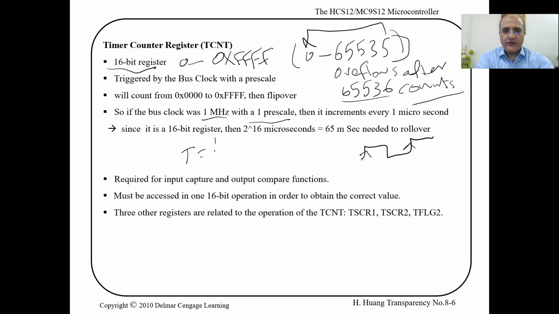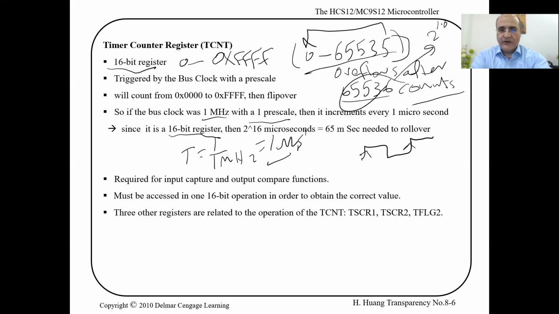So time equals 1 over 1 megahertz equals 1 microsecond. A 16-bit register is 2 to the 16 times 1 microsecond, so you get 65 milliseconds before rollover.